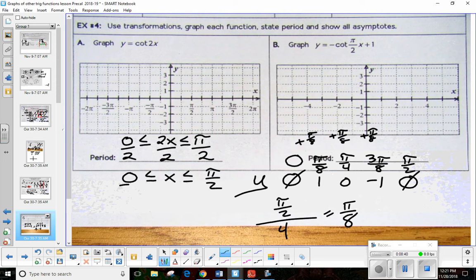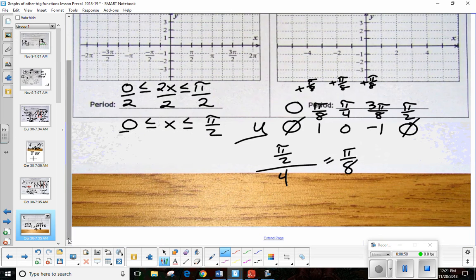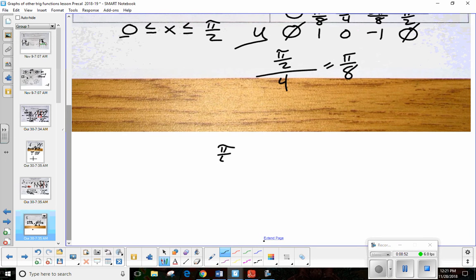Does anybody want me to actually take the pi over 4 and pi over 8? Excuse me. Can I actually show the addition of those? Sure. Okay. So if I wanted to take pi over 4 plus pi over 8, well, I need a common denominator. What would that be? 8, right? Okay. So I'd have to multiply this one by 2 over 2.